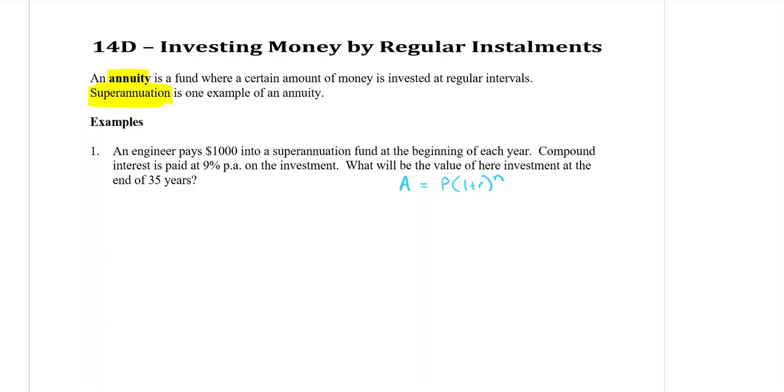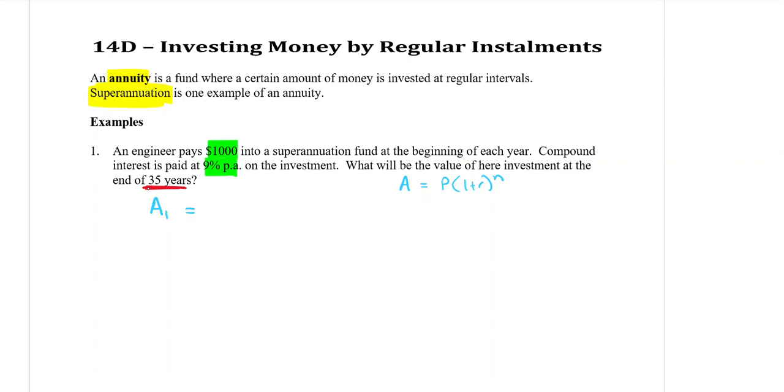To show what is happening, we say A1, the little 1, stands for the first amount of money that has been invested. The first $1,000 in this case. So our numbers are, we have $1,000 being invested, 9% per annum, and the 35 years will come into it as well.